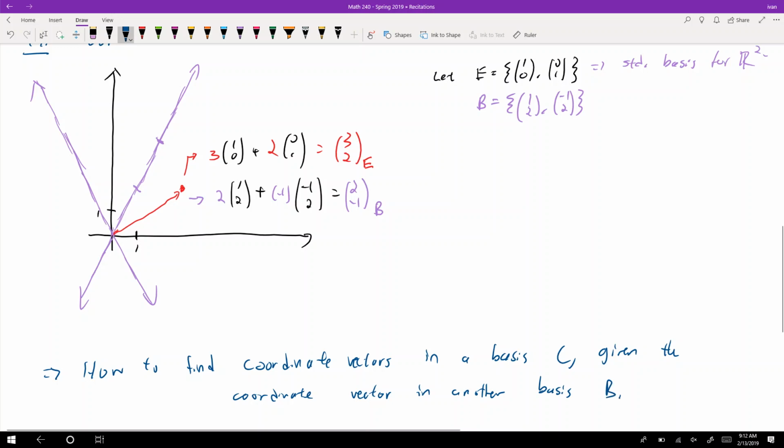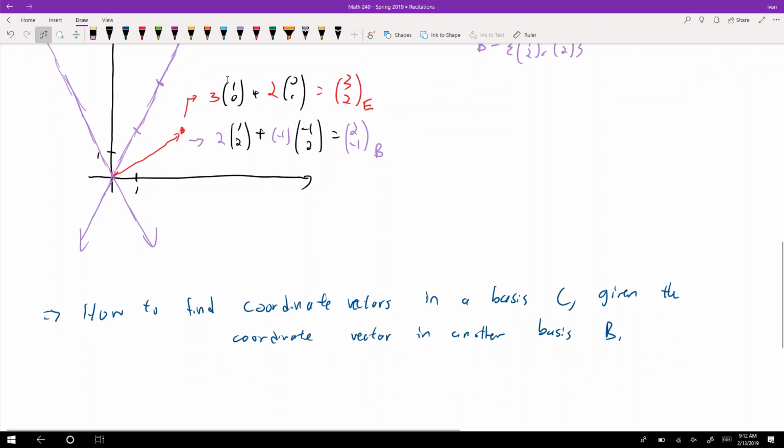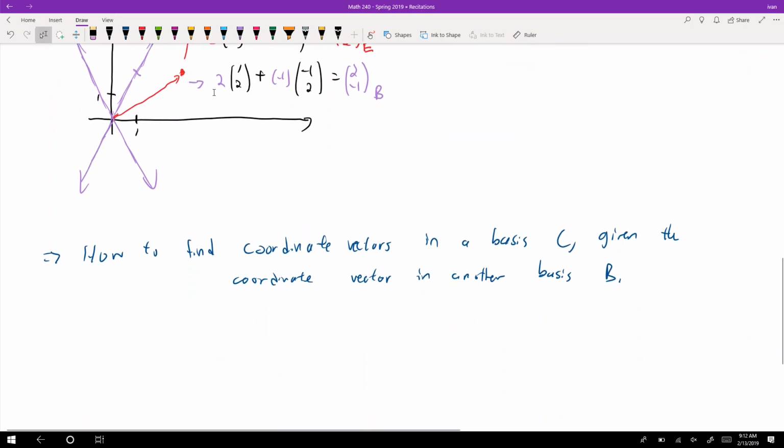For example, if I told you that this point was (3, 2) with respect to the standard basis, how can you tell me that this point is going to be (2, -1) with respect to my basis B? And this is where we bring in change of basis.